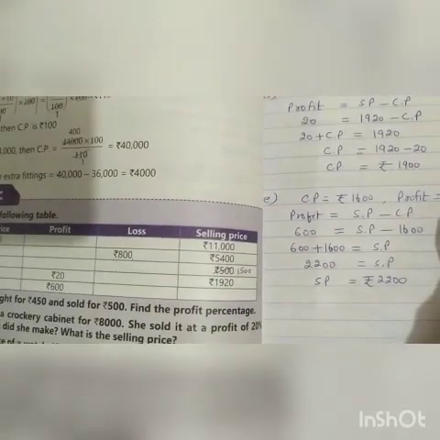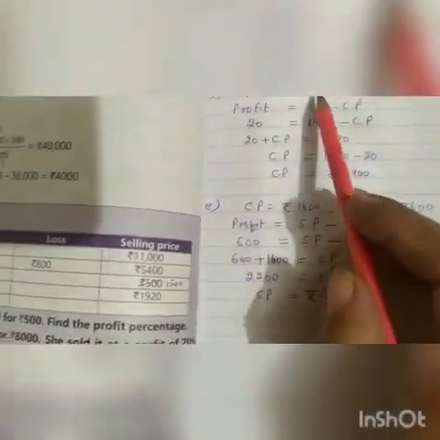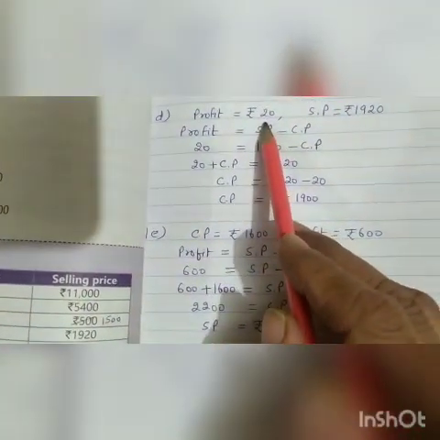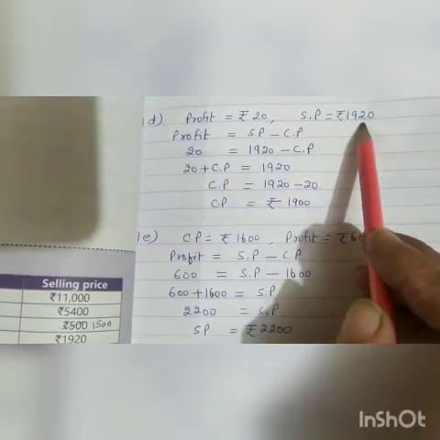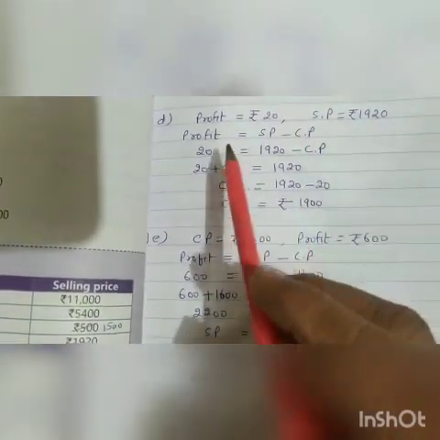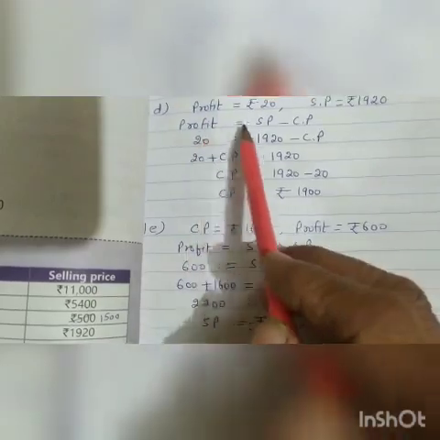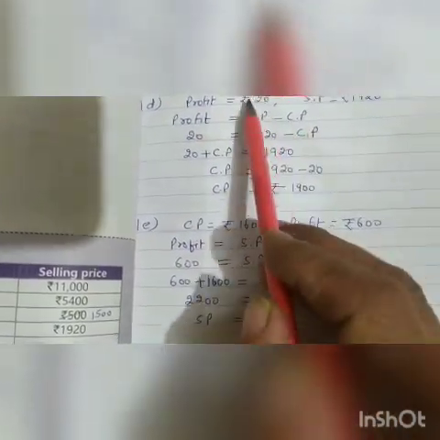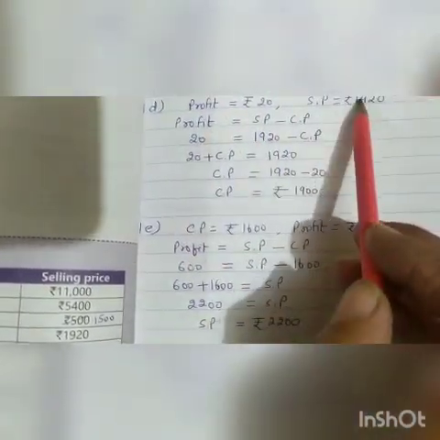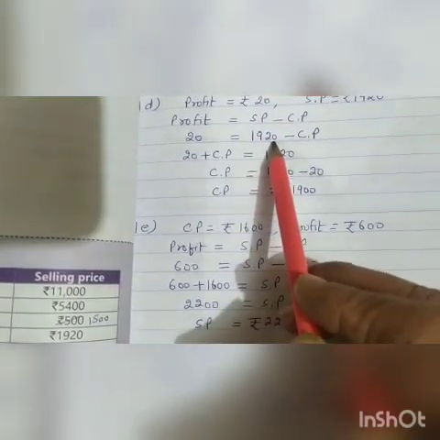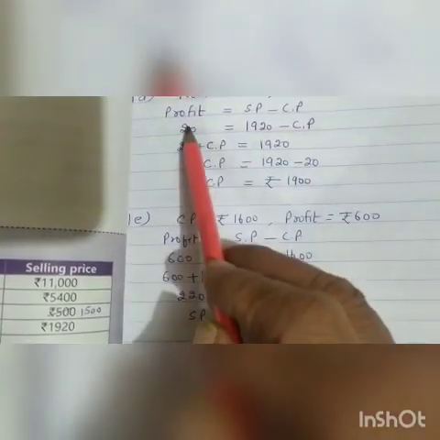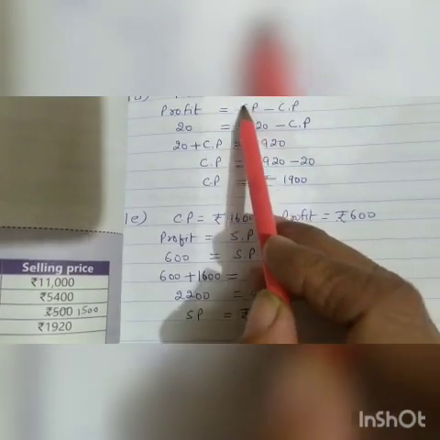Next part, D. In part D, profit is given 20 rupees. Selling price is given 1,920. Again we will write the formula for profit. Profit is equal to selling price minus cost price. Profit is given 20 rupees. Selling price is given 1,920 minus CP. Then this 20, take this minus CP to this side.